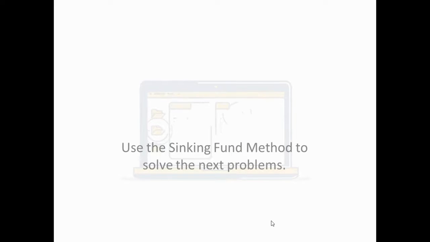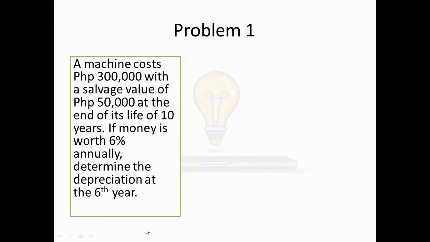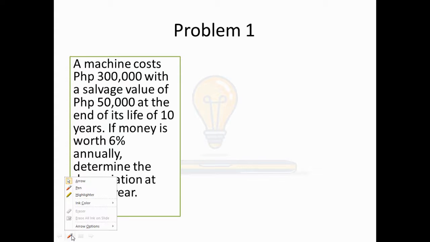So, by default, let's use the sinking fund method to solve these problems. We have problem number 1. A machine costs 300,000 pesos with a salvage value of 50,000 pesos at the end of its life of 10 years.